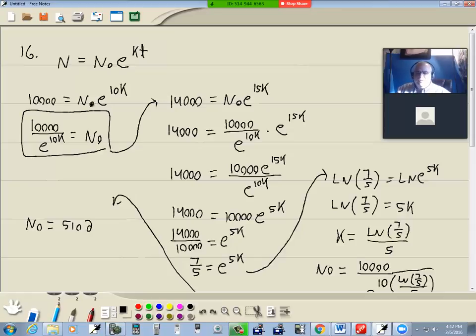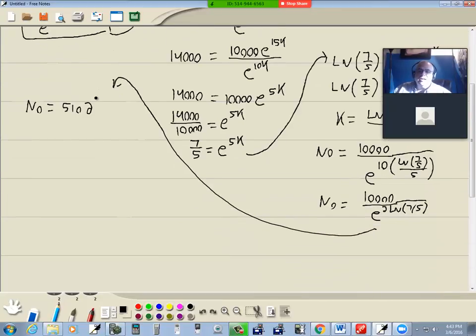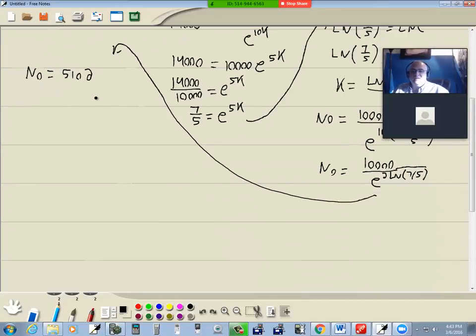Is that possible in theory? See, if you had like negative n naught e to the 10k plus n naught e to the 15k, would that then be e to the 5k? Well, we'll go back and take a look at it here in a second. I'll set up this last part, and then we'll go back and look at that.